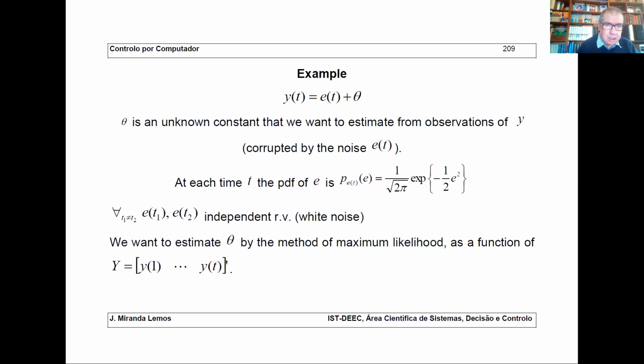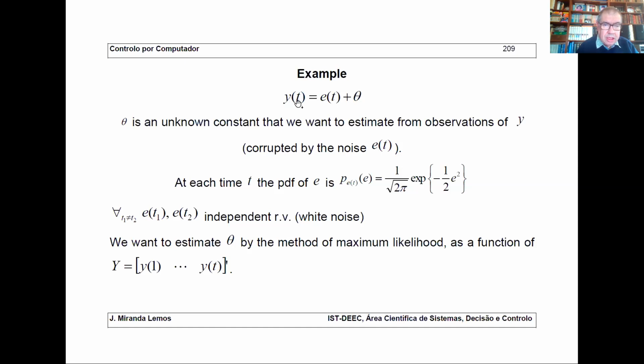Let's see one example. Suppose that you are observing the value of theta, but corrupted with some white noise. Okay? Imagine that you want to measure the width of a table. So imagine that you want to estimate the width of the table. So the true width is theta, and you do measures, and the value of the measurements is y.